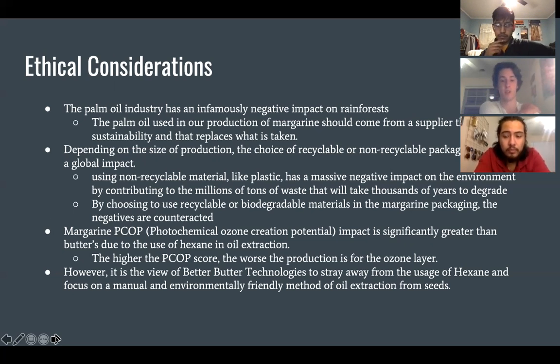Obviously, using non-recyclable packaging has a negative impact, but if we choose to use biodegradable or recyclable materials, we can counteract that negative. Margarine has a higher PCOP impact than butter. This is photochemical ozone creation potential. Basically, the higher the PCOP score, the worse the production is for the ozone layer. However, if we stray away from the use of hexane in oil extraction, we can create a more environmentally friendly method.